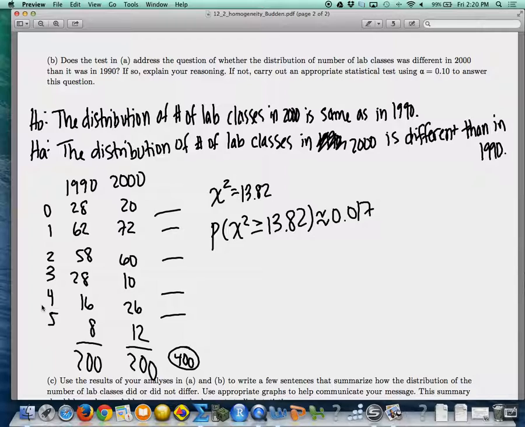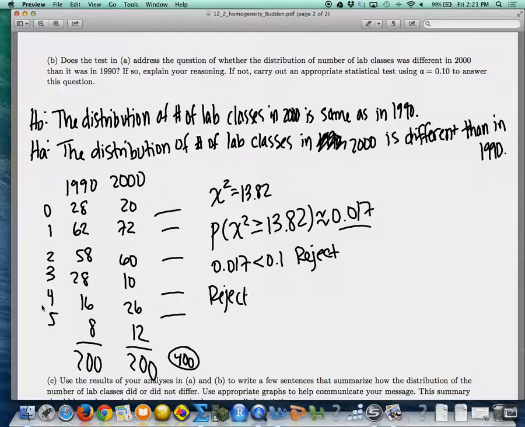Okay, so we reject the null. That means that the distribution of the number of lab classes has changed between 1990 and 2000. You have to remember that you compare that p-value to alpha. So we're going to say 0.017 is less than 0.1, so we reject the null.